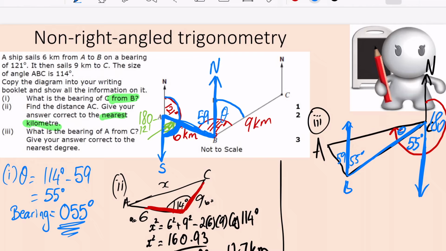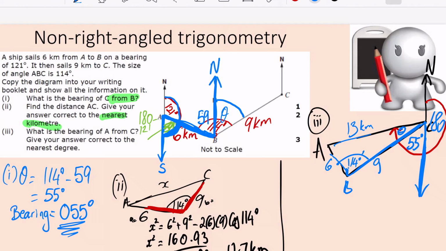Alright, so let's write in some of the other details. So I've got the 6, I've got the 9. I'm going to rub off this bit of information over here, and I'm going to replace that with the 114 degrees. And don't forget this worked out to be 13 kilometers.